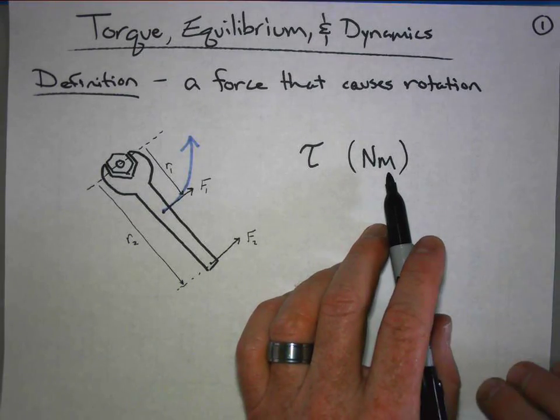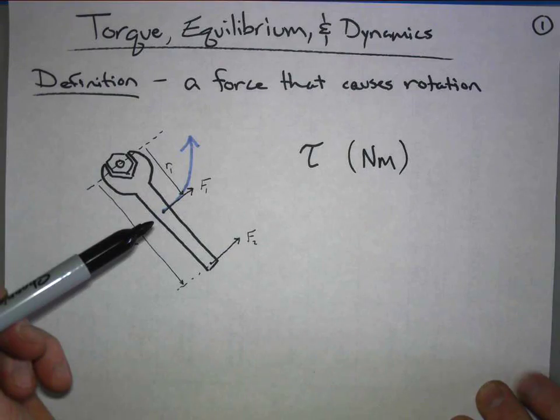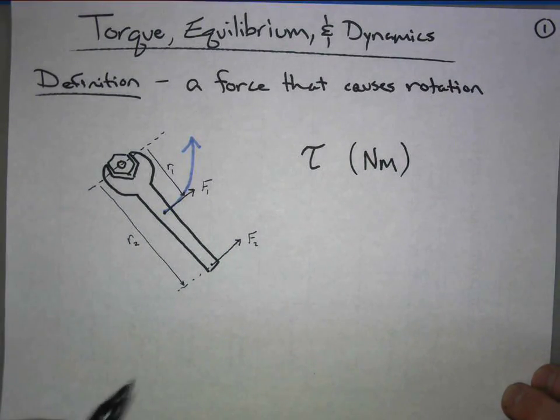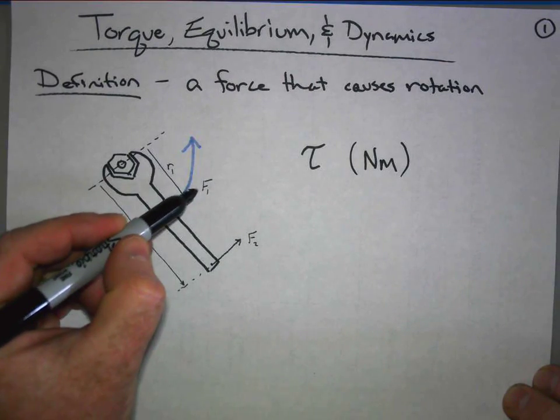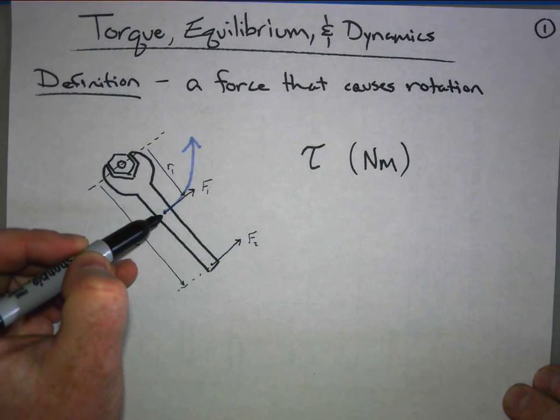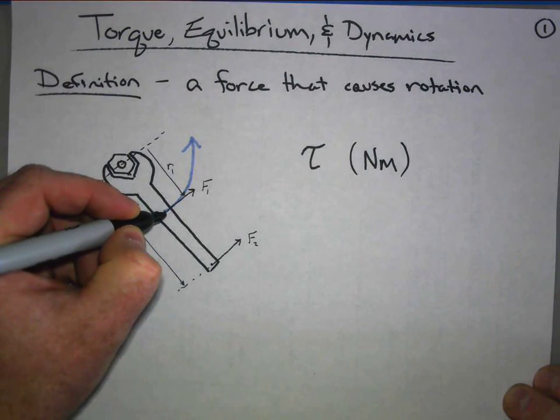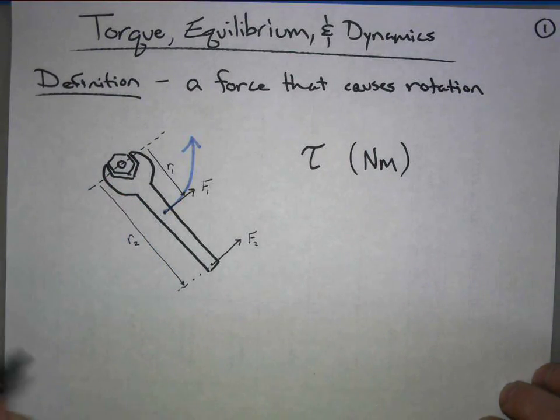Now, it really does matter. There's a little tiny detail we need to make note of here. If the direction of the force is not tangential like this is, in other words, if it's not at right angles to a radial line, then we have to take that angle into consideration.